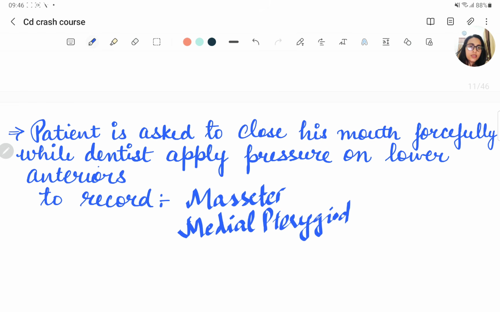Basically, this is done by recording the masseteric notch. So the action of the masseter on the buccinator muscle is what we record in the mandible, and that is why we do this kind of movement. It records the action of the masseter muscle on the buccinator, medial pterygoid, and the retromolar pad area.